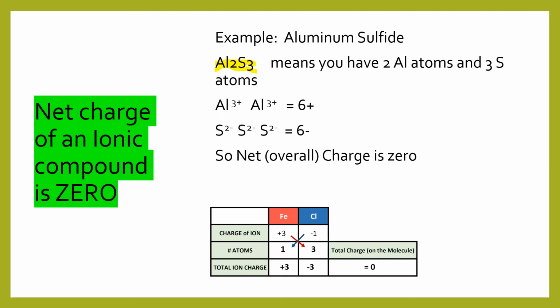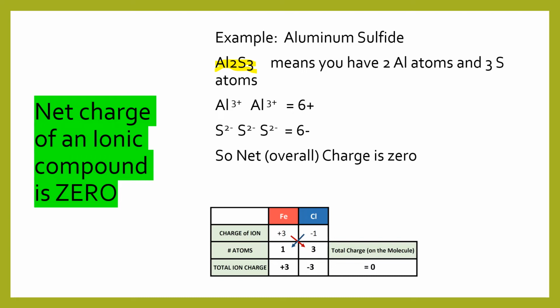Each atom of aluminum has a 3 plus charge using your 1, 2, 3 skip 3, 2, 1 zip. That gives you a total charge with the aluminums of 6 plus. This compound tells you that you have 3 sulfur atoms. Well, each of those 3 sulfur atoms has a negative 2 charge, 1, 2, 3 skip 3, 2, 1 zip. That gives you a total charge for sulfur as 6 minus. So your overall charge for your ionic compound is 0.